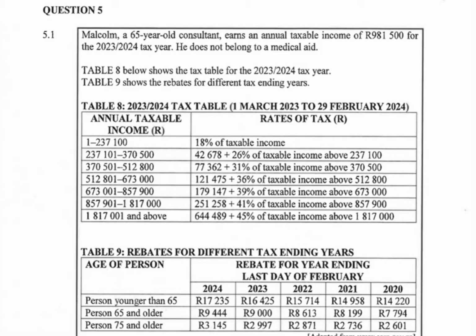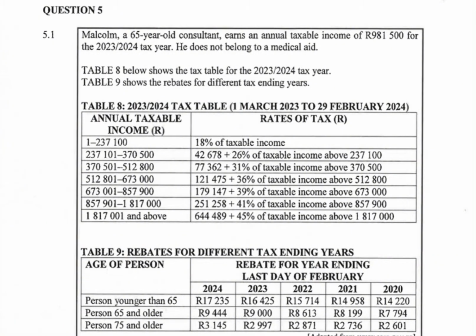So if you look at the question here, let's look at table 8. Table 8, 2023-2024 tax table from March 2023 to 29 February 2024. So if we check here, this tax table ends on 2024.